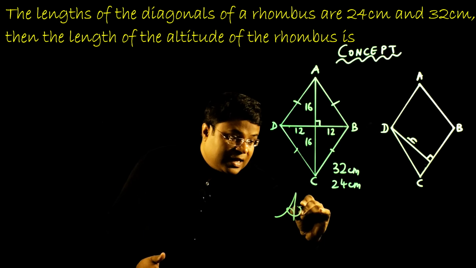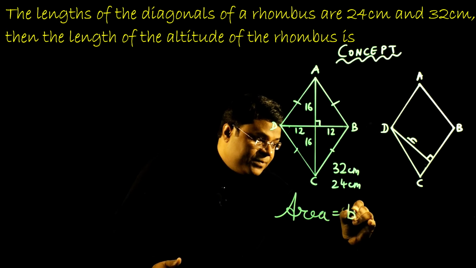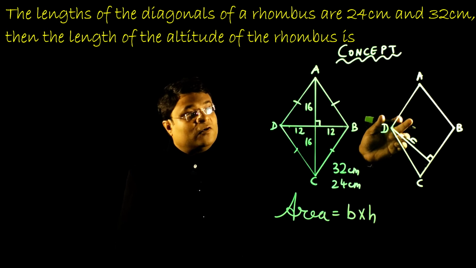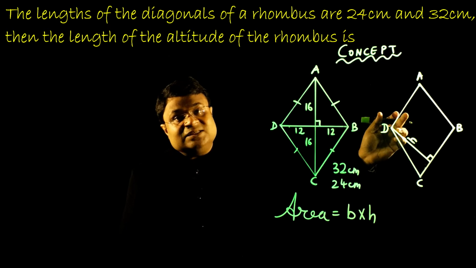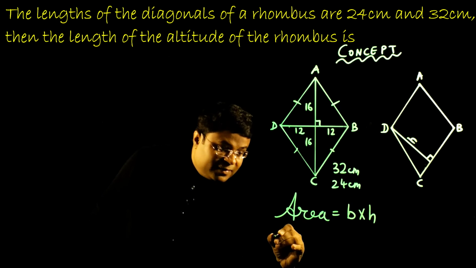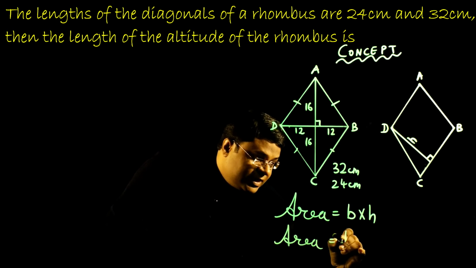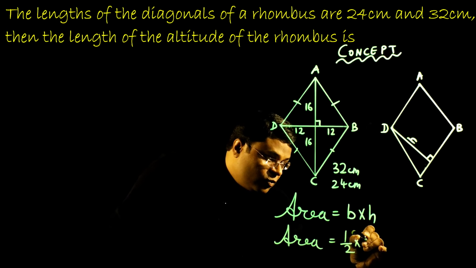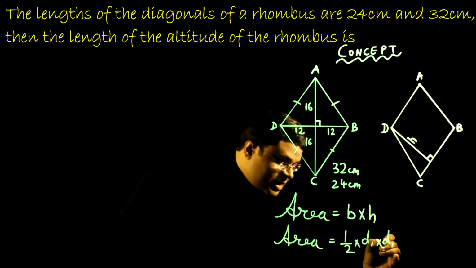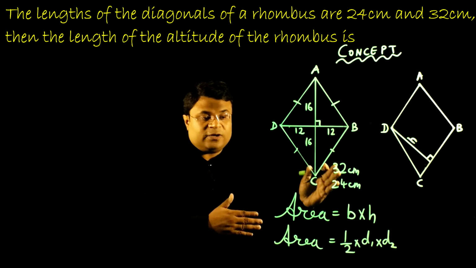The formula area equals base into height would be applicable for the area of a rhombus as well. And the other formula which we will be using is the area of a rhombus is half into the product of the diagonals, half into D1 into D2.